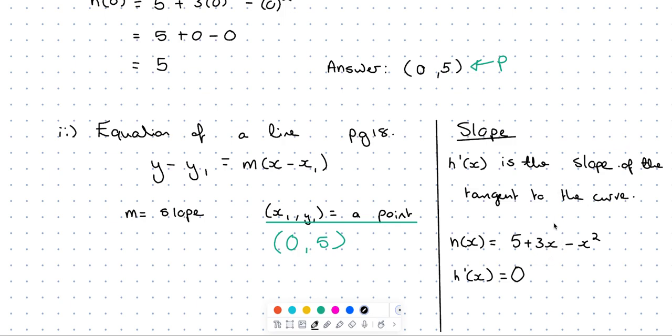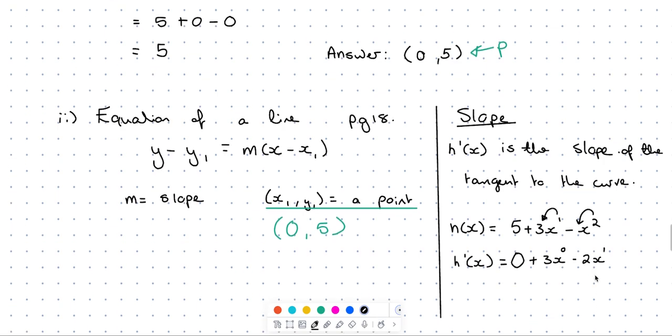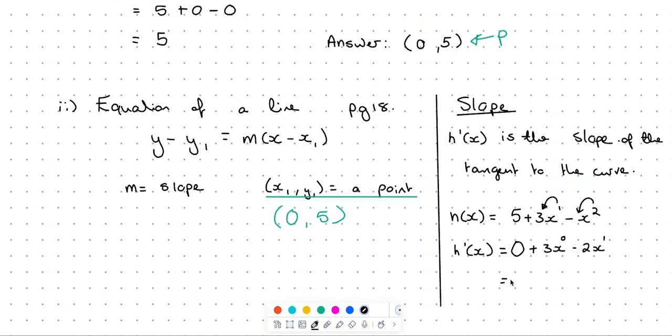Plus 3x, well, that is actually 3x to the power of 1. There's a hidden one there. How do we deal with it? We're going to multiply down by the power, so we get 3x to the, take one off the power, 0. Same thing's going to happen here. Multiply down by the power, so it'll be minus 2x to the power of, take one off the power, it'll be to the power of 1. We then need to tidy this up a little bit more, so that's 0.